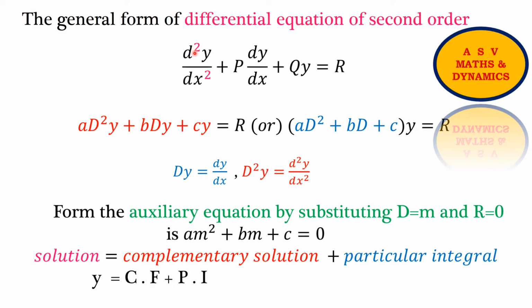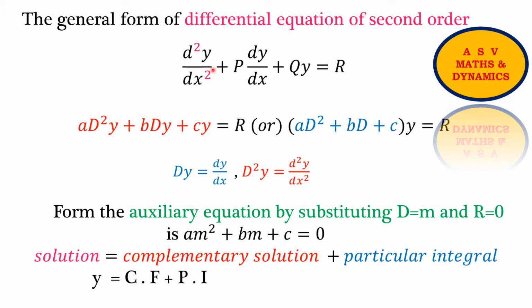It is 2 times, so that is the order. The whole power is the degree. Sometimes you have to know clearly this is the degree, the whole power. But here d squared means the derivative, how many times it happened, 2 times. So with respect to the x variable, 2 times. This is the meaning of second order differential equation.